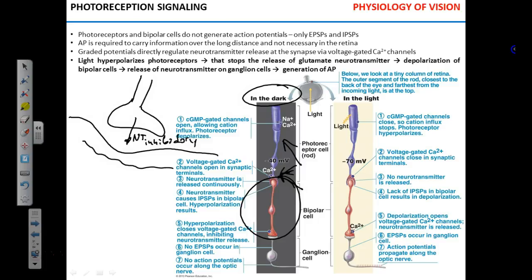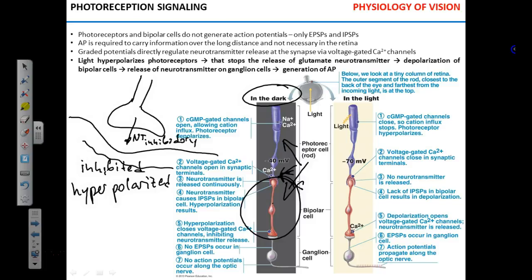The postsynaptic neuron, huh? Inhibited, yes. Inhibited, and great that you said more negative. More negative means hyperpolarized, right? Does that make sense? So bipolar cell is hyperpolarized. Are you with me? Are you on board?